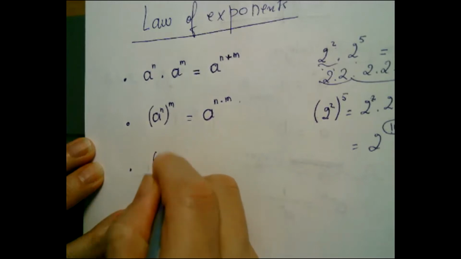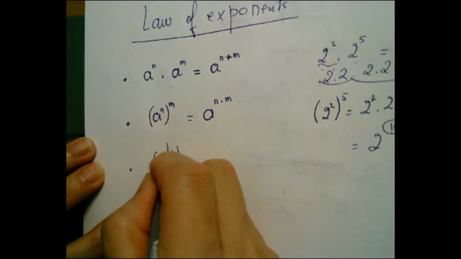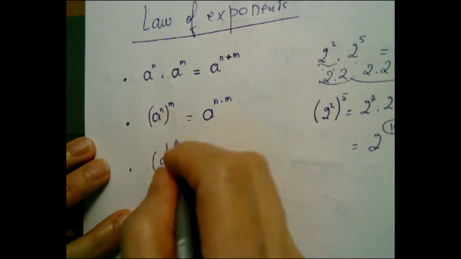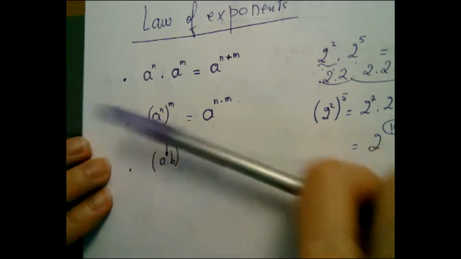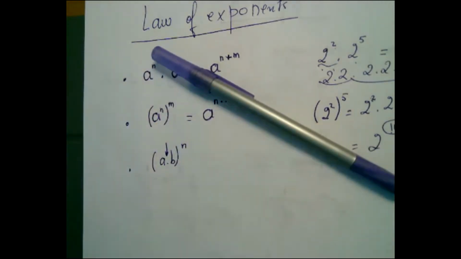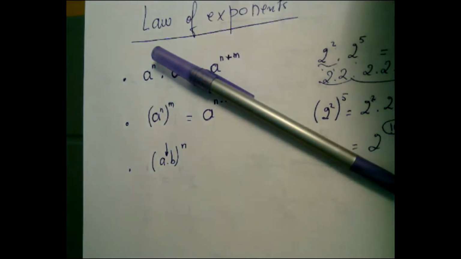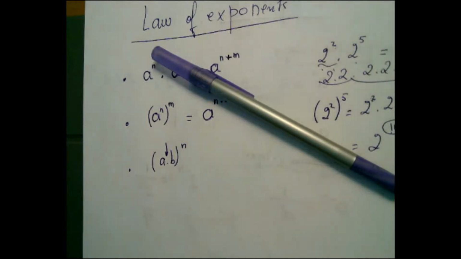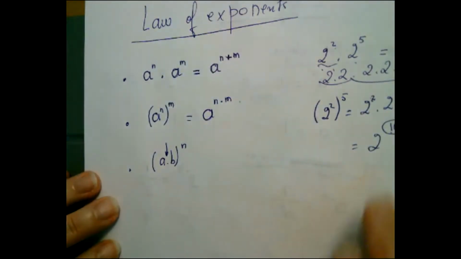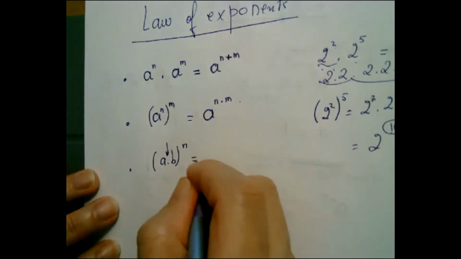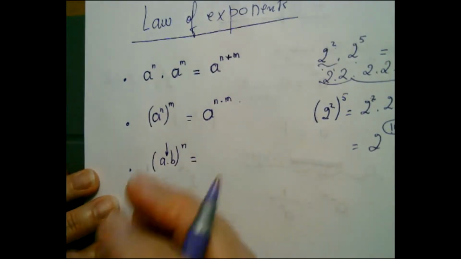If you take 2 numbers, a and b, and you multiply them, this is a product. It's crucial. Okay, ab to the power n. This is equal to what? Okay, we're going to split it a little bit.